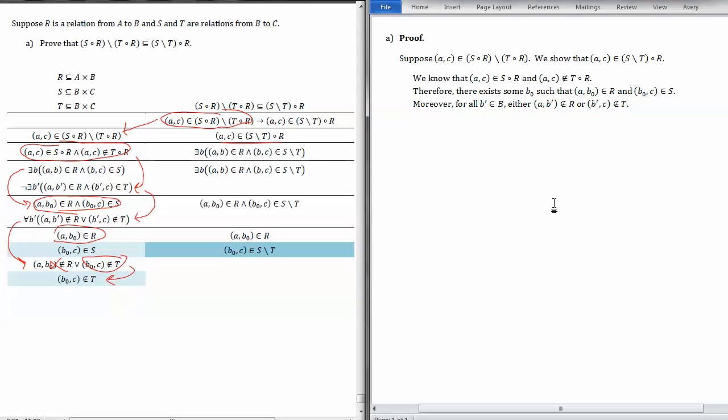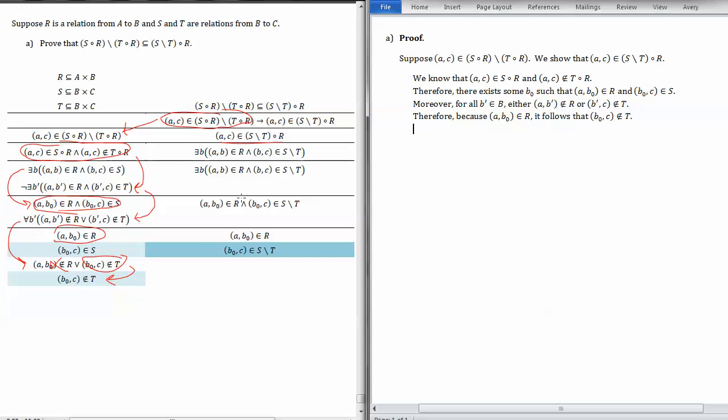Okay, so we'll say therefore, because A B naught is in R, and because of what I just mentioned in the previous line, it follows that B naught C is not in T.